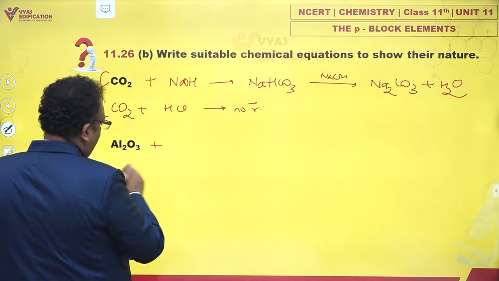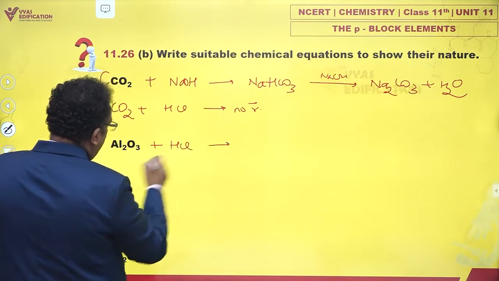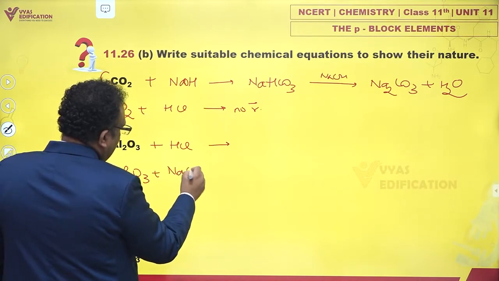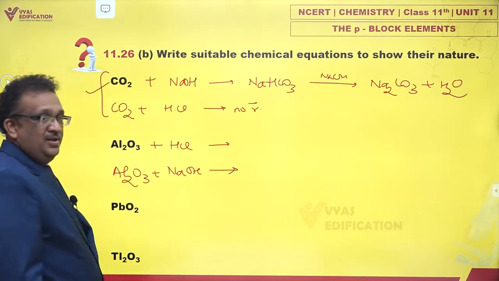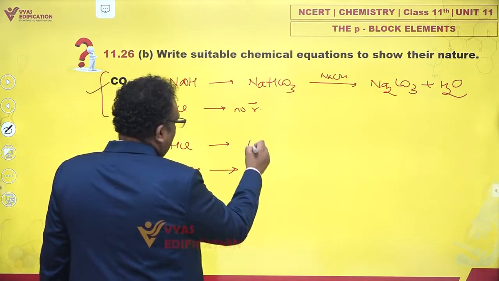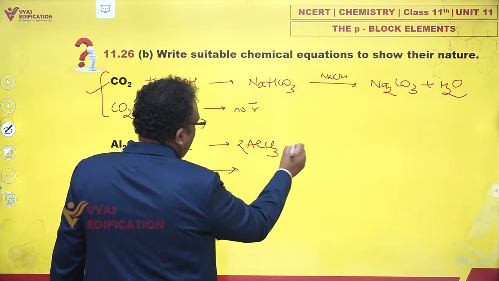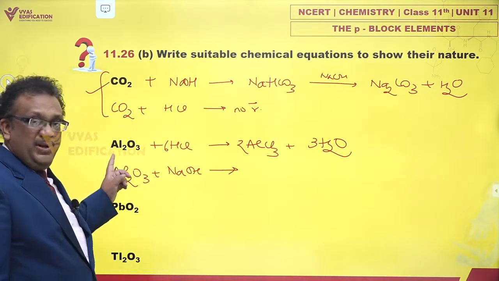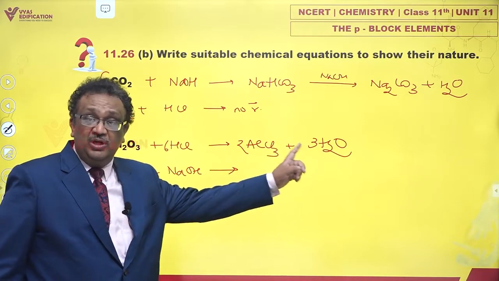Aluminium oxide, this plus HCl, Al2O3 plus NaOH. This is the fun part. What do you get? You get AlCl3 plus water. So aluminium oxide reacts with an acid to form salt and water.